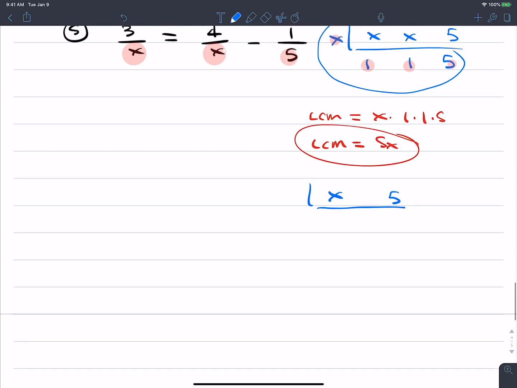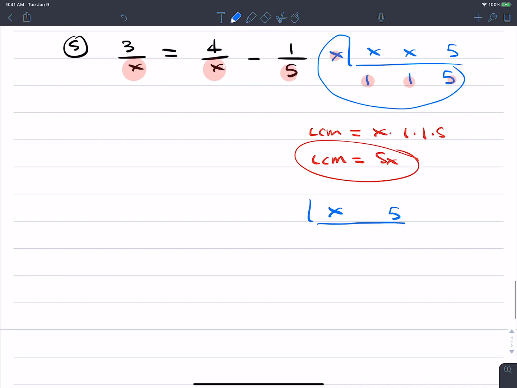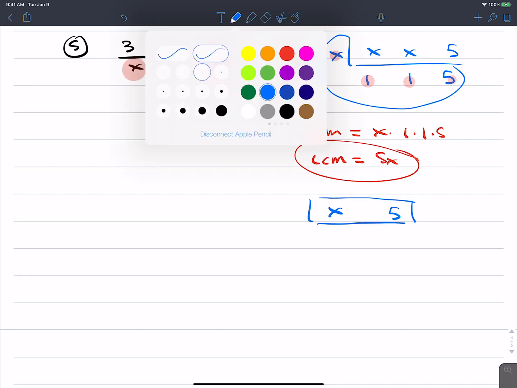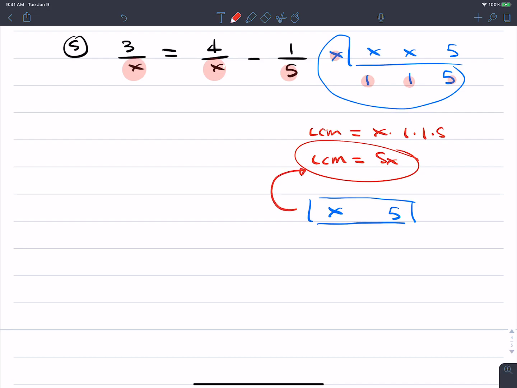And I'll say yes. When you go through your process, we need a prime that goes into both of these terms, and you notice that there are none, so then that LCM really in fact turns out to be 5 times x, is that right? Anyway, just want to point that out to you guys. Now, what's the next step again here?